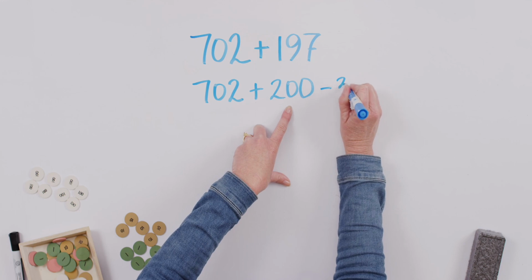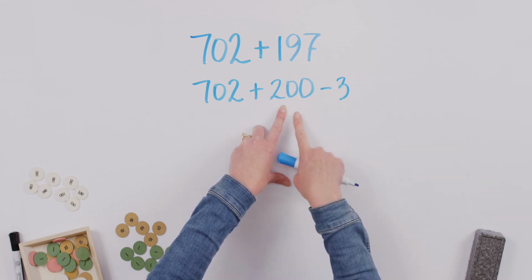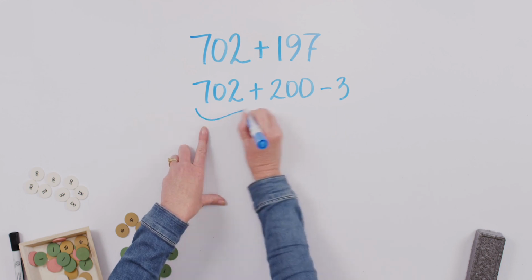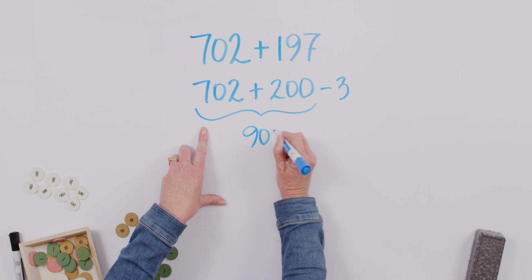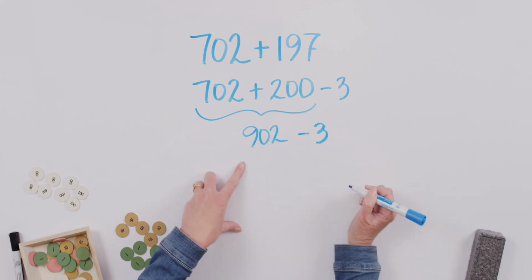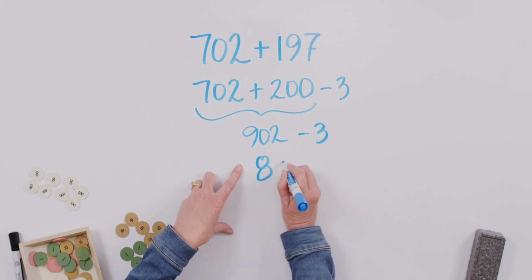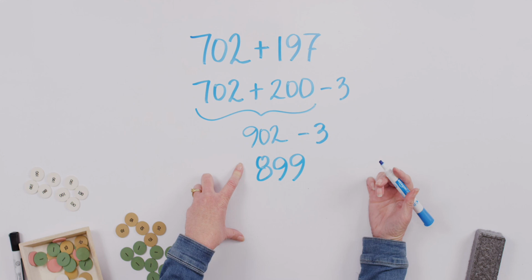So I need to make sure, because you see this 200 minus 3 is going to give us that 197. So adding these 2 together is going to give me 902. And then I'm going to subtract my 3. That'll give me, oh good, the same answer, 899. I wonder if you can think about a third way that you can answer this problem.